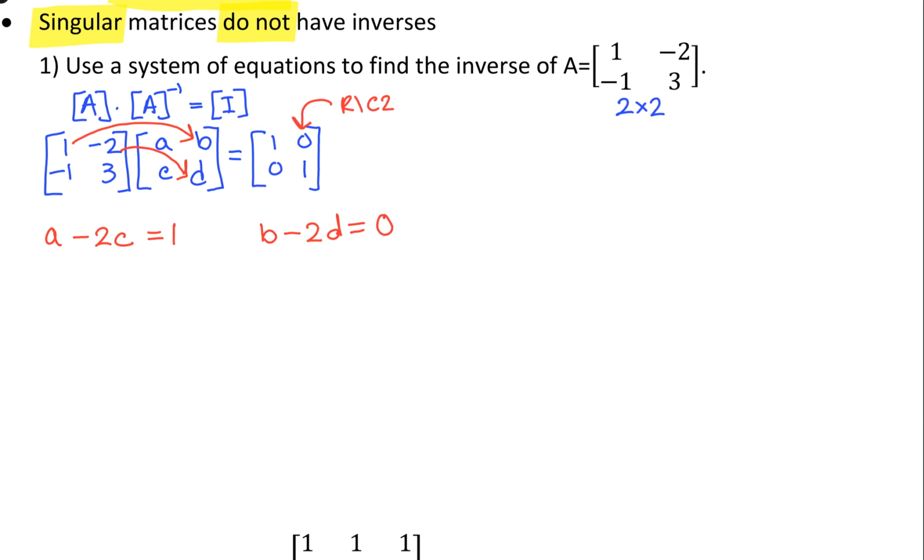So go ahead and take a moment and do the same thing with row 2. We're going to take row 2 and multiply it by the first column. So row 2 times column 1 is going to equal row 2, column 1. Take a moment and do that multiplication and set up your equation.